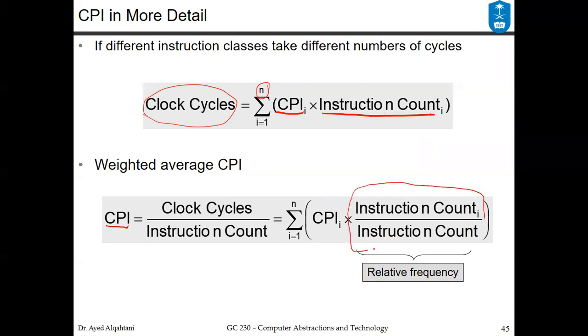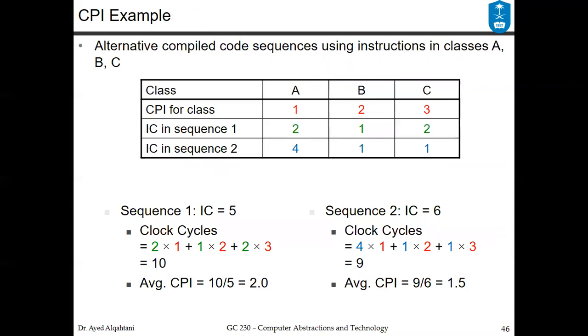For example, the instructions that deal with the memory are 50% of the instructions, and the CPI of them is this much. Then you get this relative frequency, and you multiply it by the CPI to generate the weighted average CPI. That's for one class, only the memory. You get the other classes, and then you sum them together to get the weighted average CPI. To understand this better, here's an example.